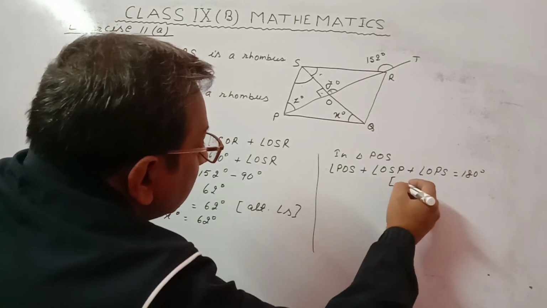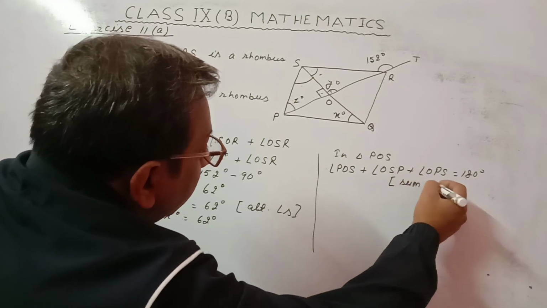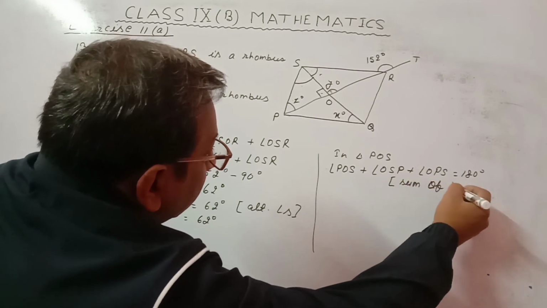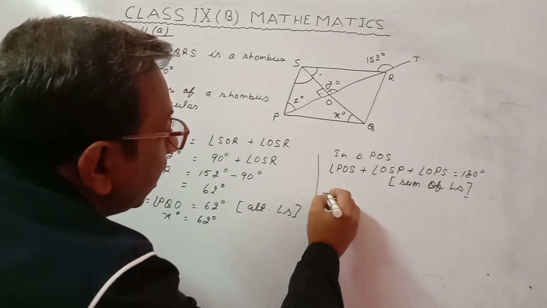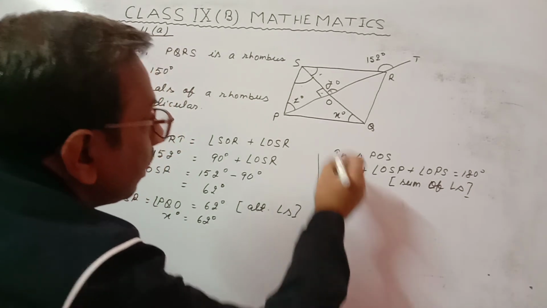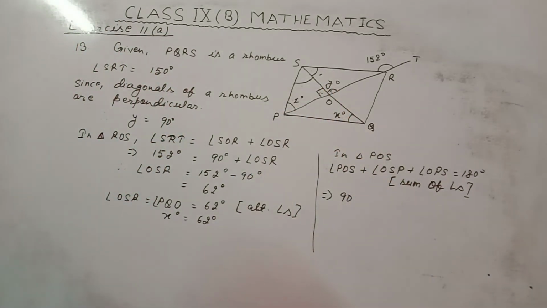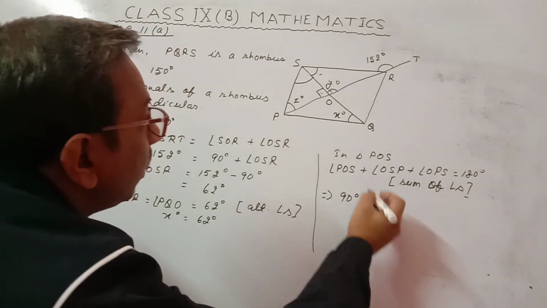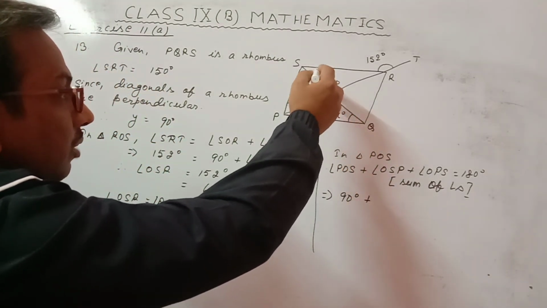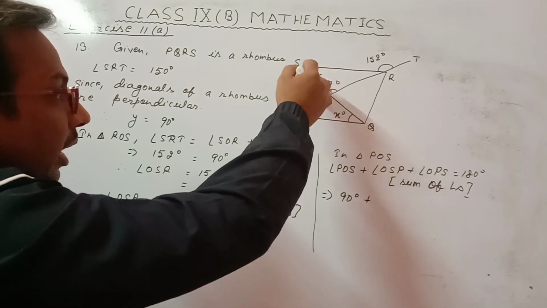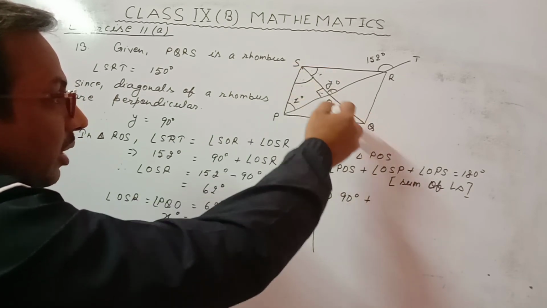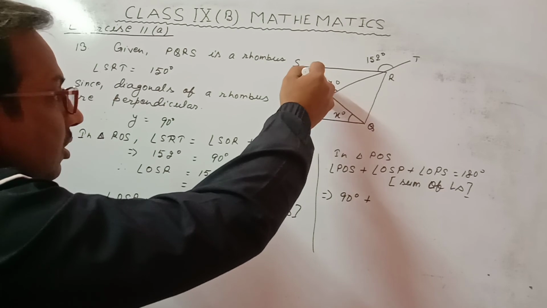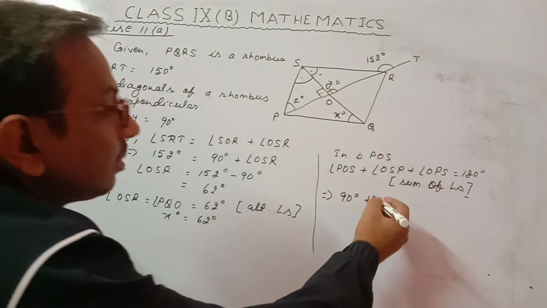Means sum of angles of a triangle equal to 180 degree. So POS is 90 degree, diagonals are perpendicular, and OSP will be equal to this angle because the angle is bisected by the diagonal. If this is 62 degree, then this will also be 62 degree.